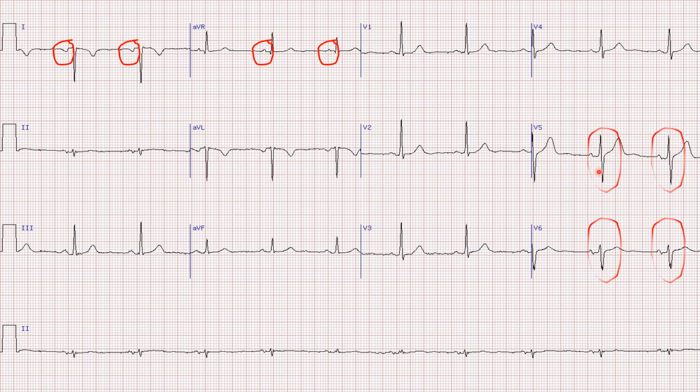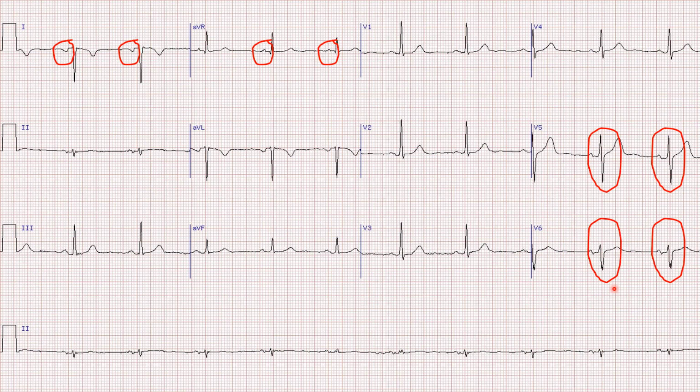In addition, the R to S ratio is less than 1 in V5 and V6. So R waves are much smaller than the S waves in V1, V5 and V6, which should not be the case in right axis deviation and right ventricular hypertrophy because the normal R waves are preserved in right ventricular hypertrophy.